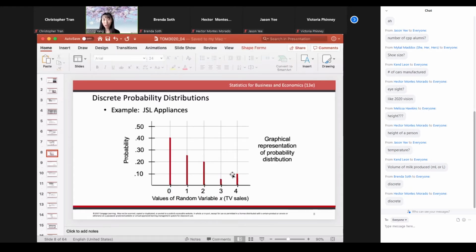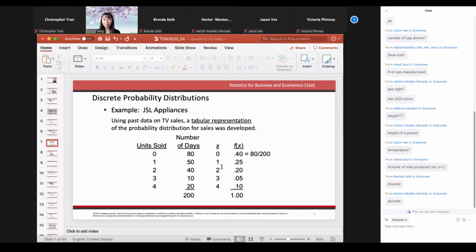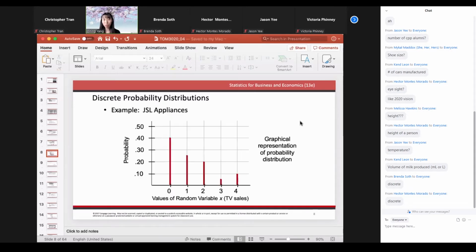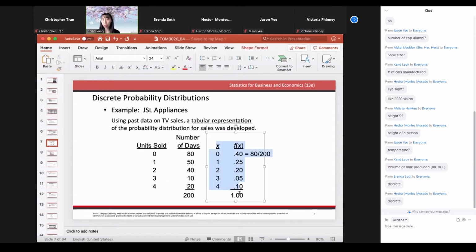The next value would be x equals 1, and the probability is 0.25. So 1 with 0.25. So we map that for all the values. And this is the probability distribution. You can show it in graphical representation, or you can just show it in a tabular summary. They mean the same thing. So that's the very basic.